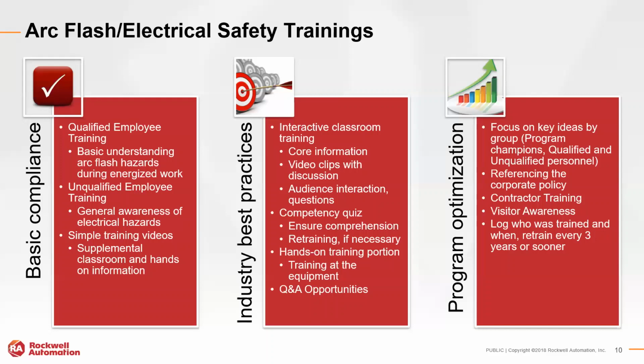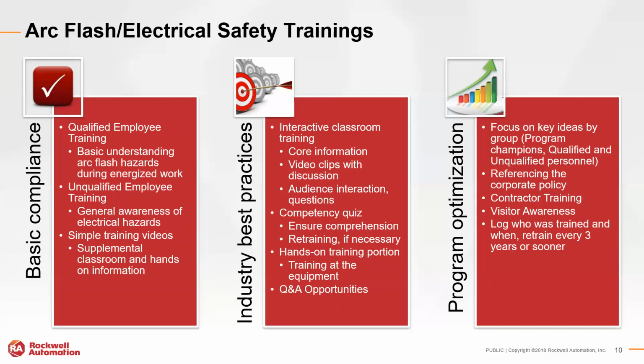Tying some training content, like I mentioned before, back to your own written policy is very helpful. So for example, if your policy forbids energized work on equipment that exceeds a certain incident energy level threshold, I used the example previously of 12 calories per centimeter squared.